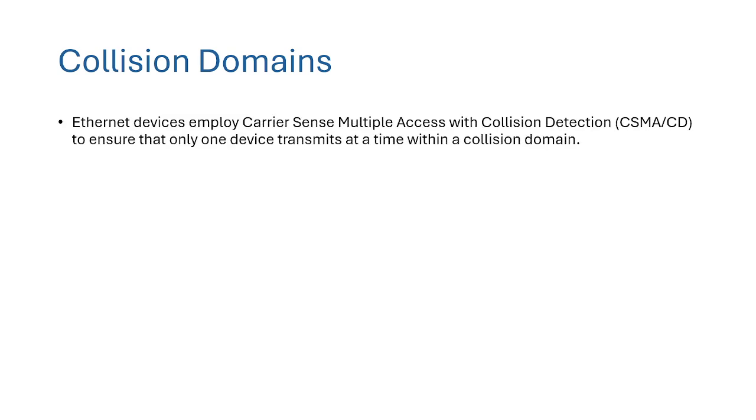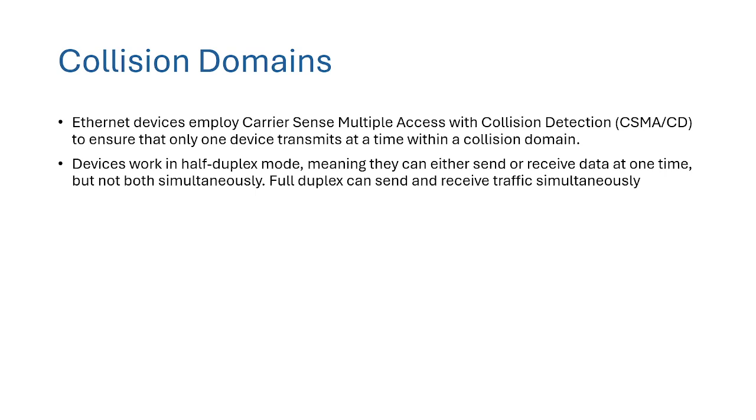In a collision domain, Ethernet devices employ CSMA/CD, which means Carrier Sense Multiple Access with Collision Detection, to ensure that only one device transmits at a time within a collision domain. This means it can only detect collisions, it won't rectify them. That's the part of CSMA/CD in the collision domain in Ethernet.